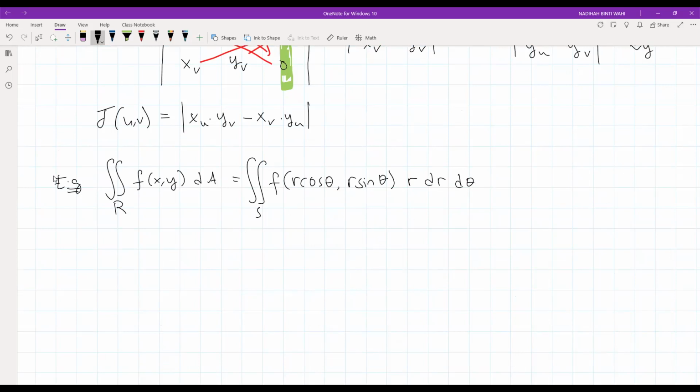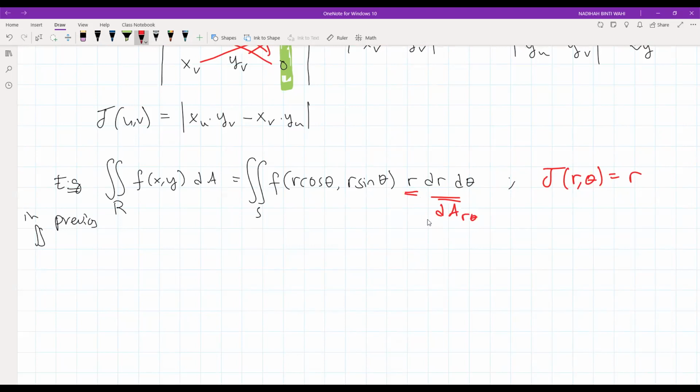So this is an example in previous double integration. We can see the Jacobian of R and theta is just R because this is the scaling factor, and this is just dA in terms of R and theta.